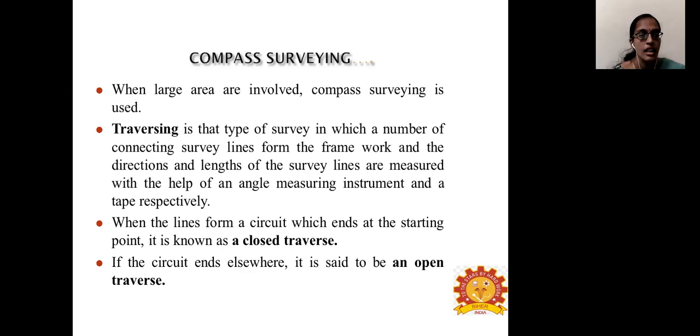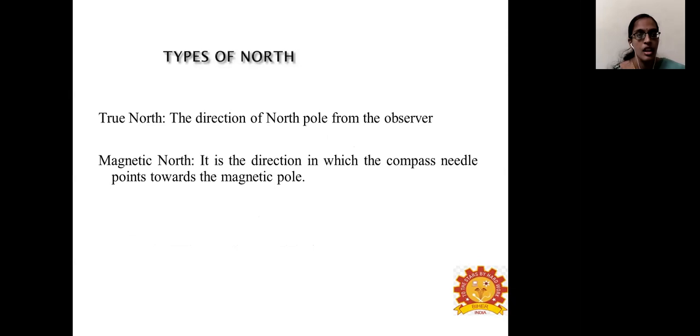When the lines form a circuit and the end point meets the starting point, it is known as a closed traverse. If the circuit ends elsewhere, it is said to be an open traverse.